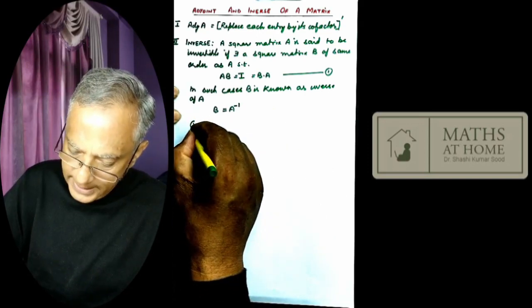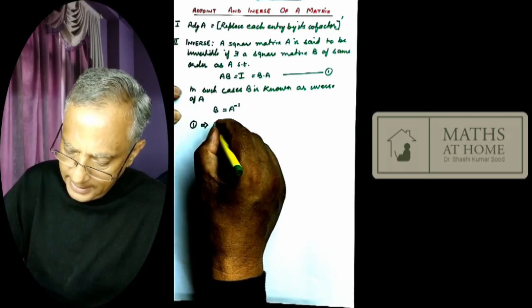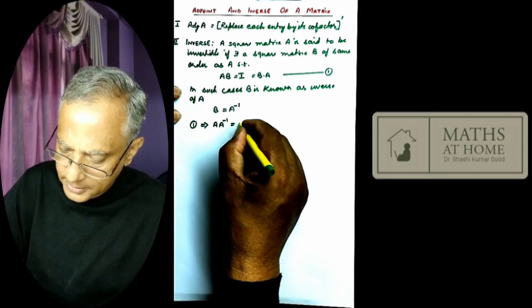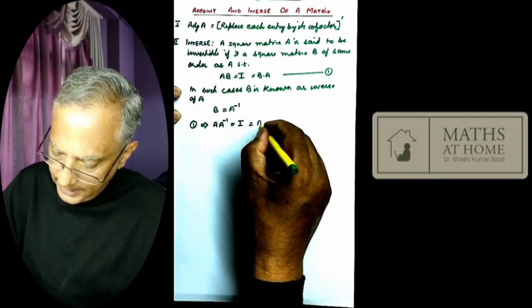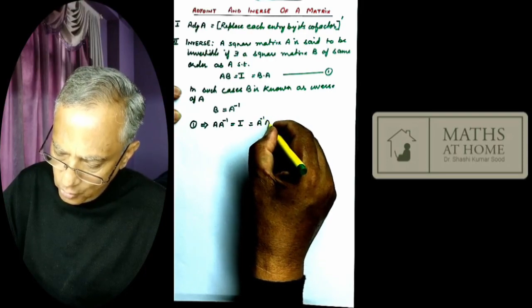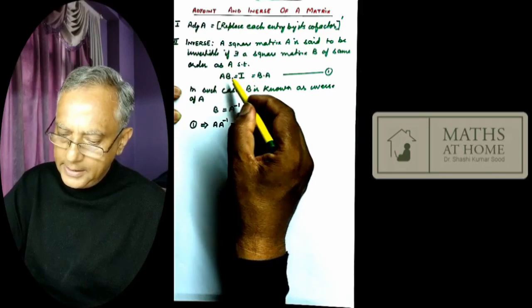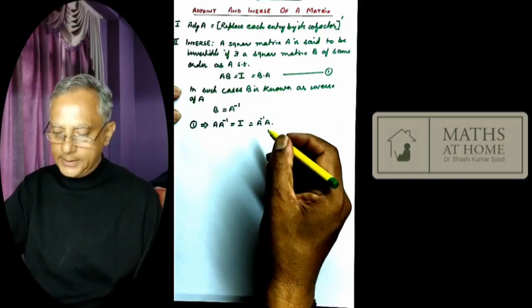Therefore, A into A inverse is equal to I is equal to A inverse into A. Write A inverse instead of B here.